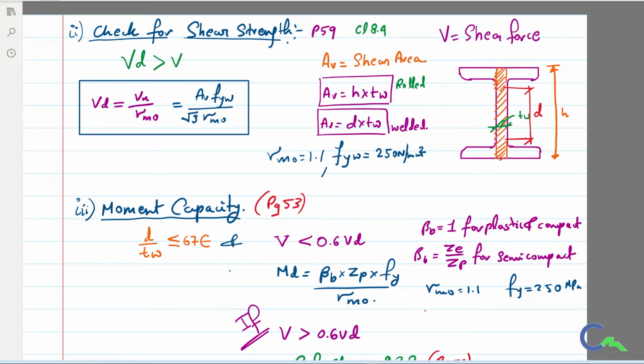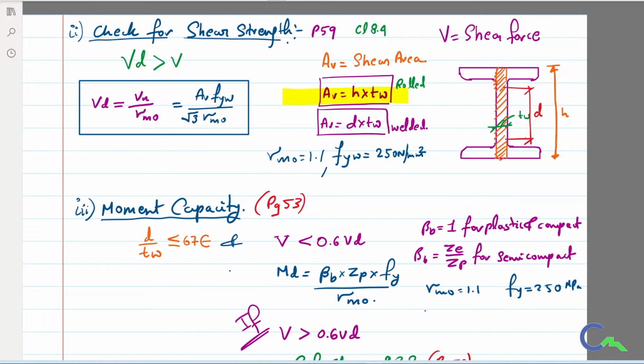We know that shear strength is taken by the web, so the shear area is nothing but the area of the web. If it is a rolled section, the area of the web is given by H into TW. If it is welded, where different plates are made into one I section, we can see here what the D is.